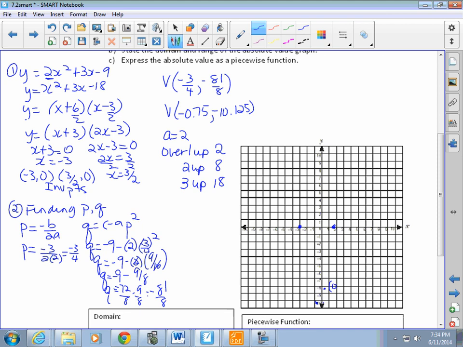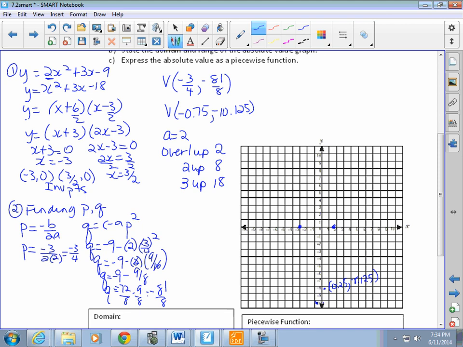So this will be at negative 0.25, and then I went up 2, so that'll be negative 8.125. So going this way, I'm going one more over. It was at negative 0.75, so it's going to be at negative 1.75.